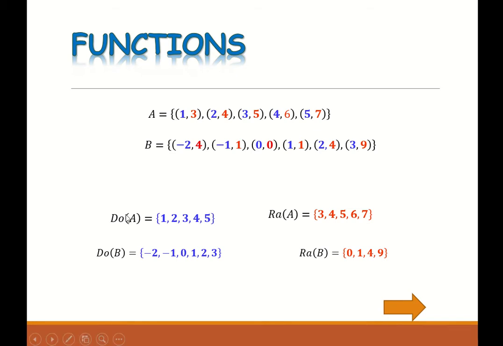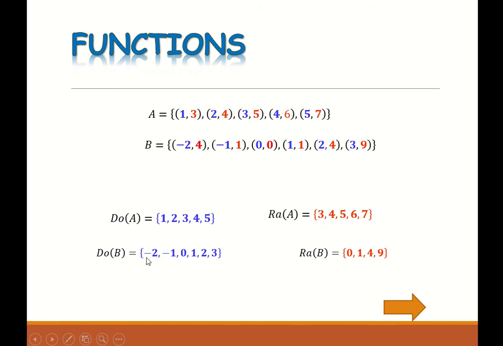Looking at the domain of A, we have 1, 2, 3, 4, 5. This is exactly the first element of each ordered pair. And for the range of A, we have 3, 4, 5, 6, 7, exactly the second elements of the ordered pairs.